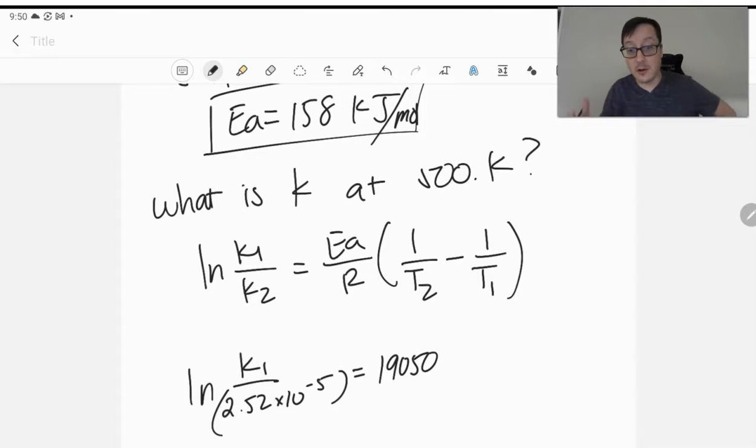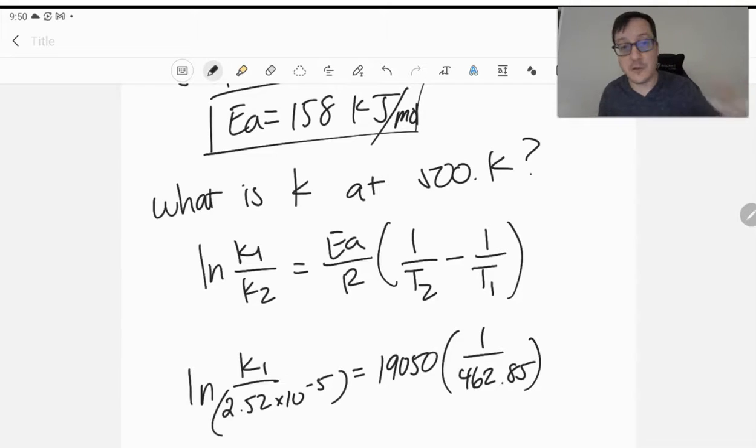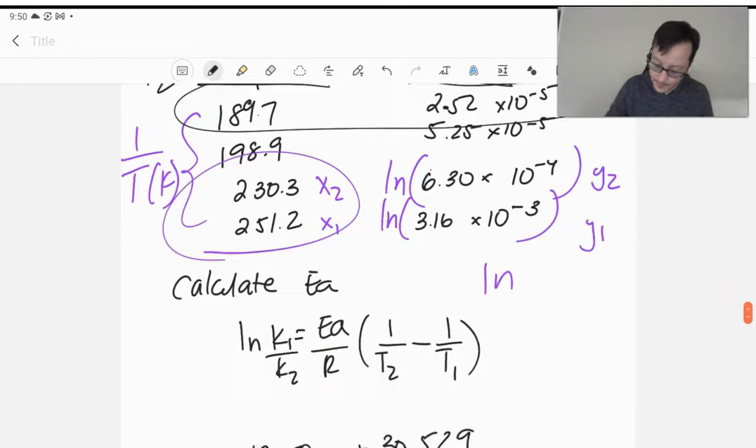So EA over R we already had, so we don't need to divide it again. T2 is 500 Kelvin. No, I'm sorry, that one's the one we just calculated, 462.85. That's the temperature from that graph, this 189 converted into Kelvin.